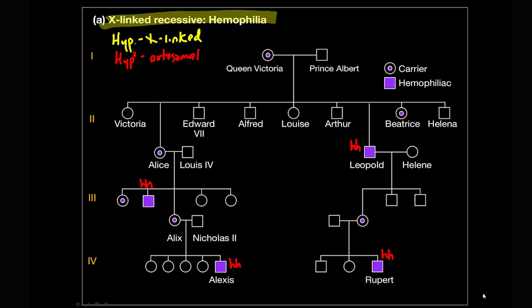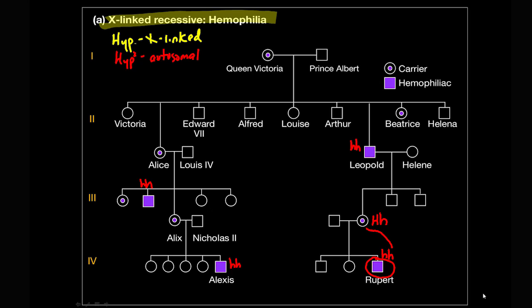So here's the thing with that. That obviously means that they had to get a little h allele from both parents, correct? Let's look at Rupert again here. The mother's a carrier, well, we could say she was a carrier in the sense that she's a heterozygote. So that means he got one little h from his mother.